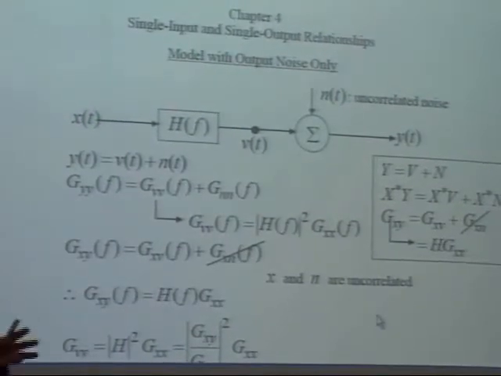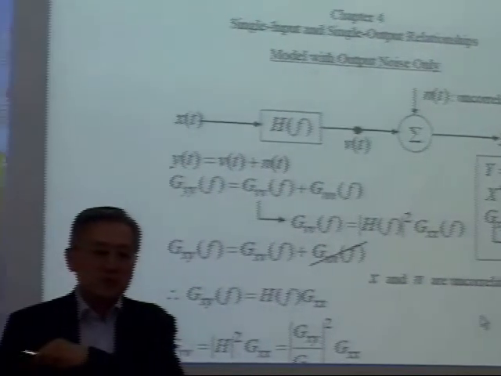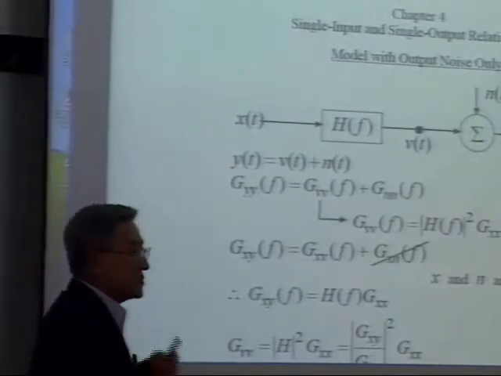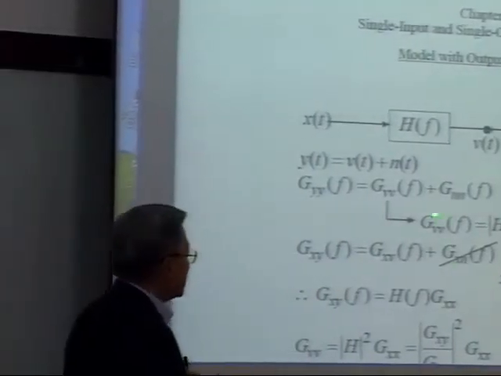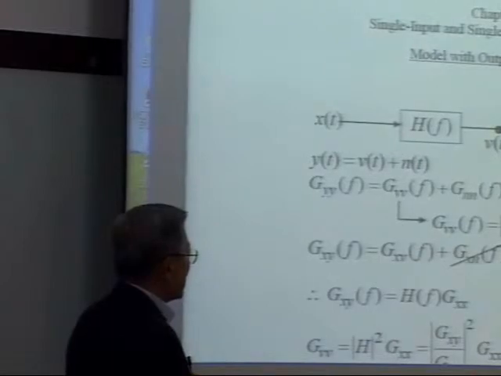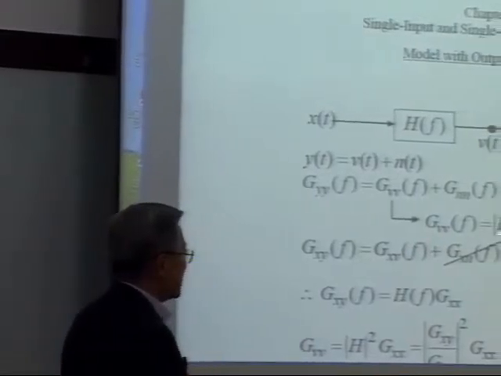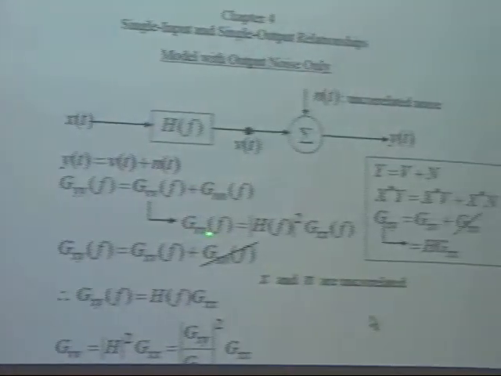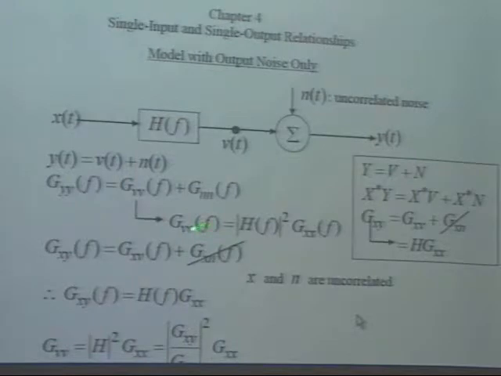Some relation you can develop based on nothing but this relation. Repeat over and over again. So Gvv is H absolute square Gxx. This is auto spectra, not the cross spectra.